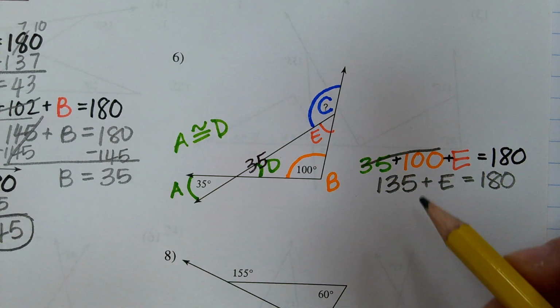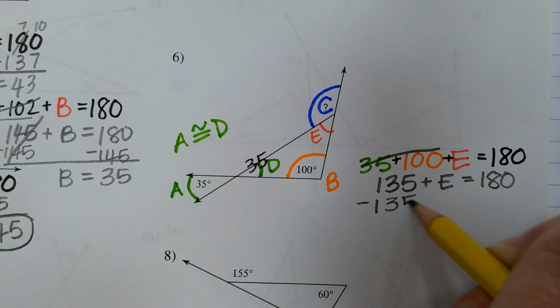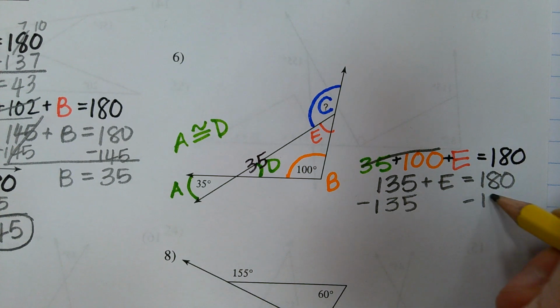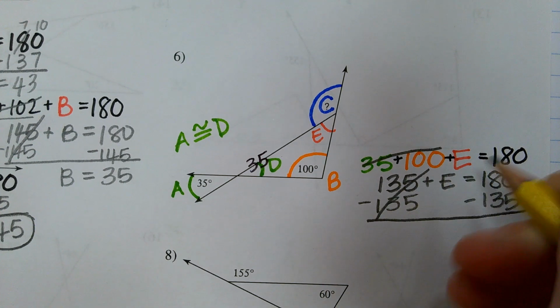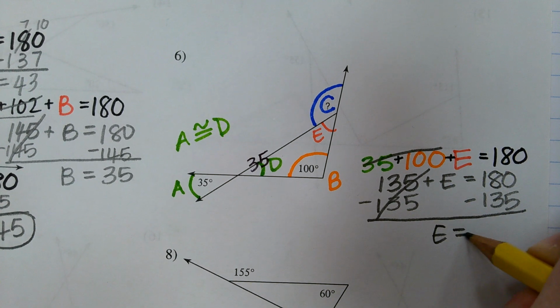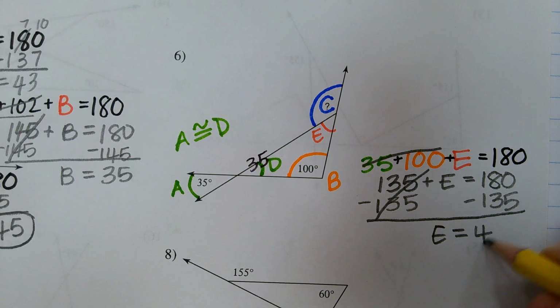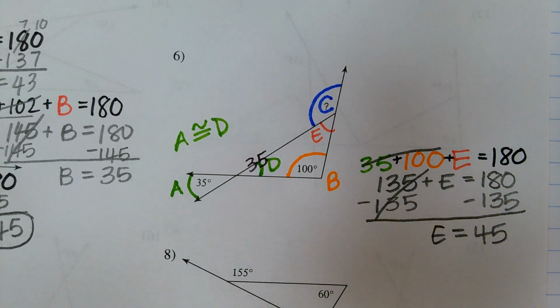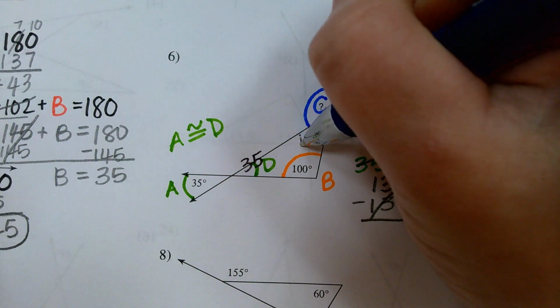What next? Subtraction. We're going to subtract 135 from both sides. Get that E by itself. I will get E equals what? 45. Good. So angle E is 45 degrees. Label that.